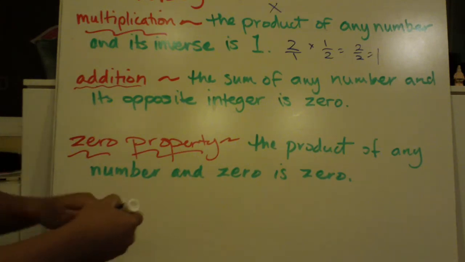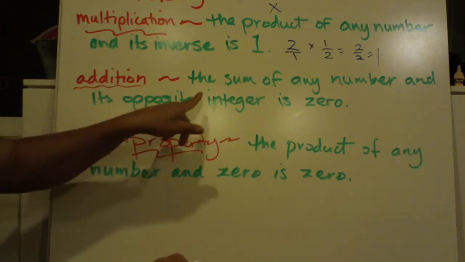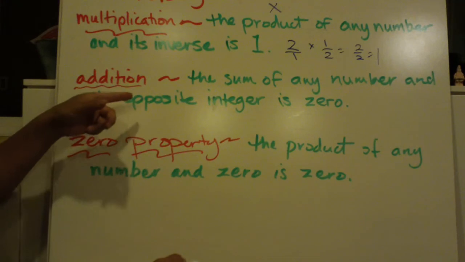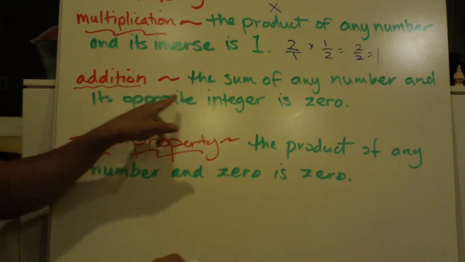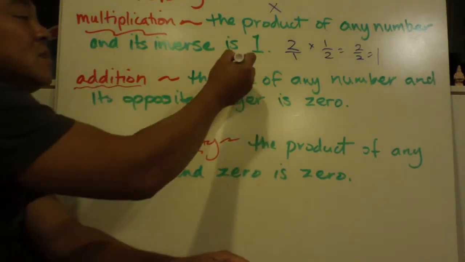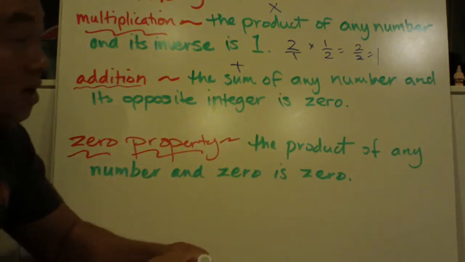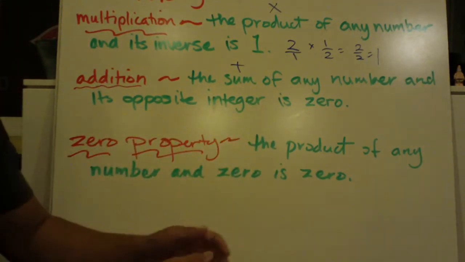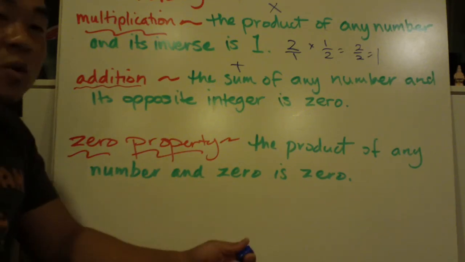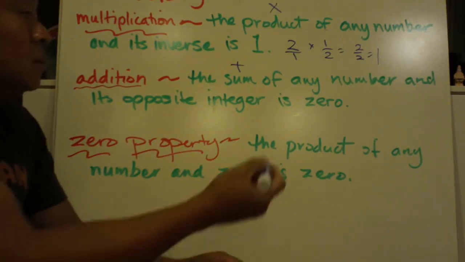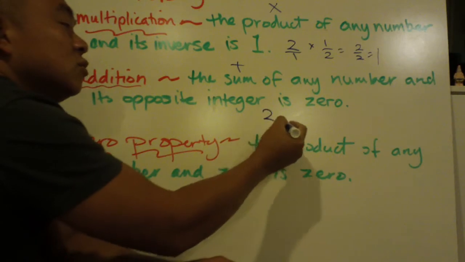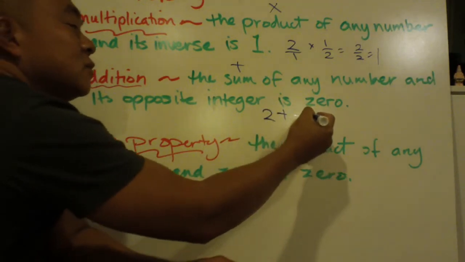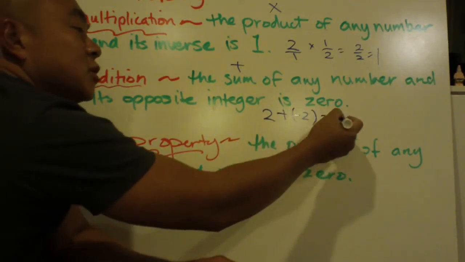Okay? Now, in addition, there is also the inverse property as well. The inverse property of addition states that the sum, and again, sum means add, of any number and its opposite integer is 0. So let's test that out. So let's use 2 again. If I take 2 plus negative 2, that should get me back to 0.